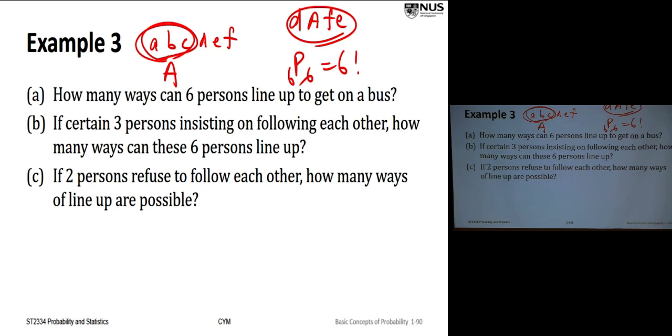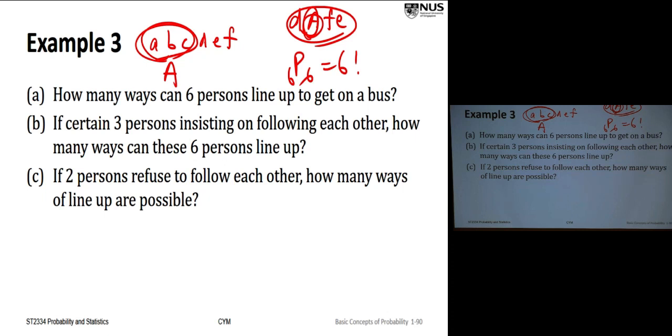They can arrange among themselves. So you ask yourself, within the big A, how many ways can you arrange them? I can now expand this big A, and there are 3 of them inside this object big A. So there's altogether 3 factorial.